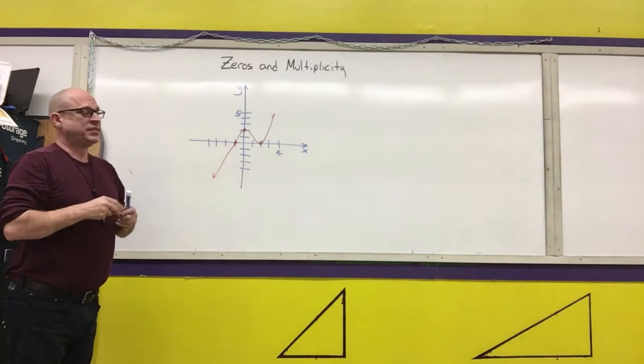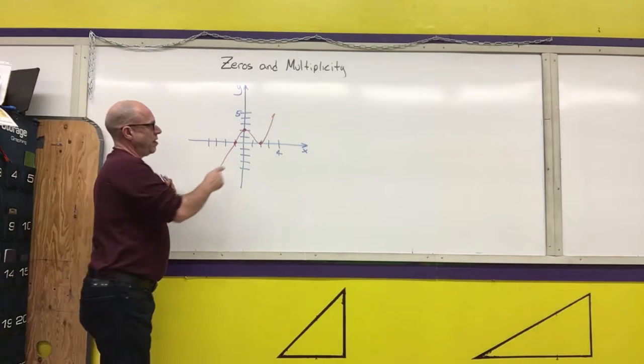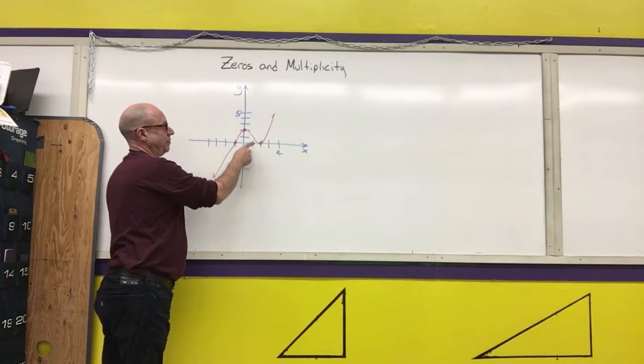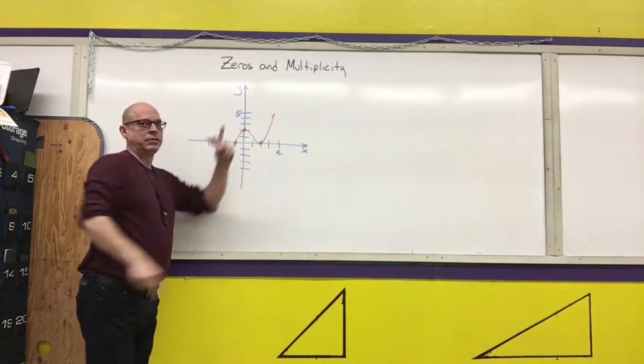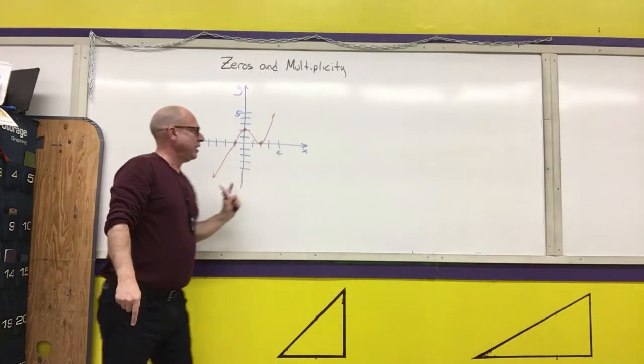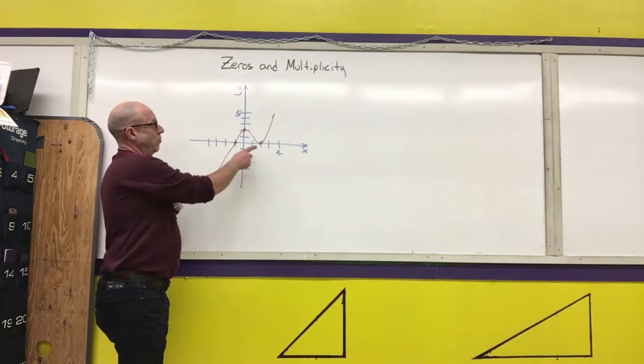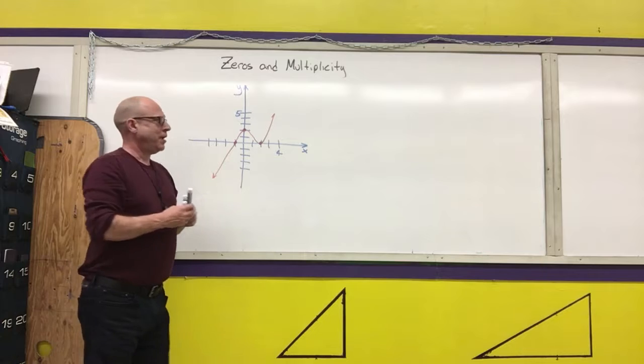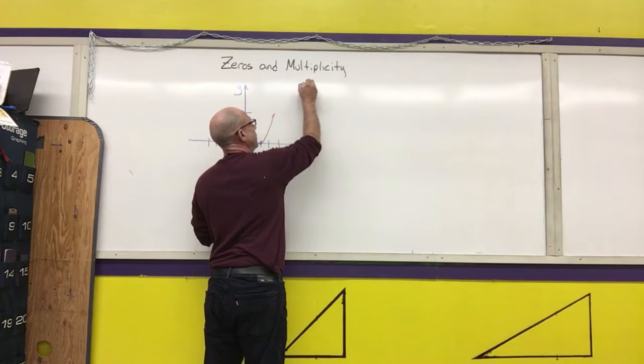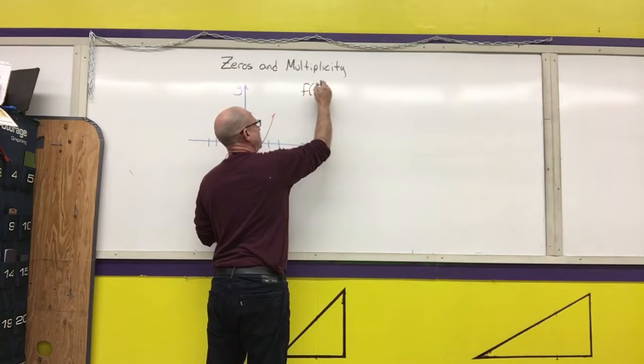So these are 3 points I know. I know my polynomial has to have an odd power because it goes from negative infinity to positive infinity, and that's an odd power. So what I'm going to do is I'm going to write my function using the information I know about the zeros.